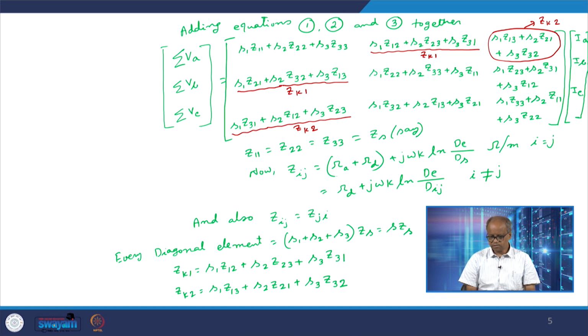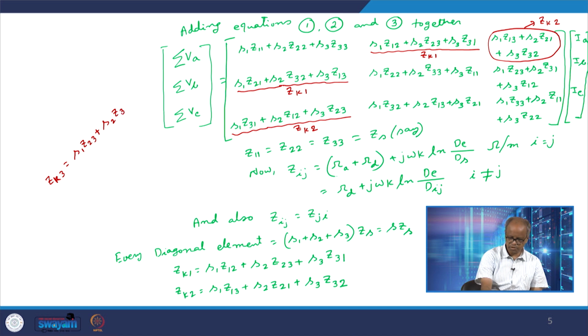And then I also define Zk3 as S1 Z23 plus S2 Z31 plus S3 Z12.